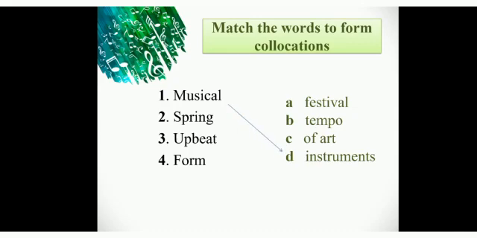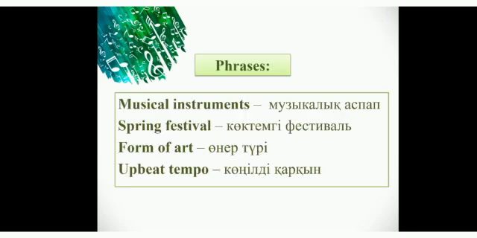Musical instruments, spring festival, upbeat tempo, form of art. So we have 4 phrases: musical instruments, музыкалық аспап, spring festival, көктемгі фестиваль, form of art, өнер түрі, upbeat tempo, көңілді қарқын.